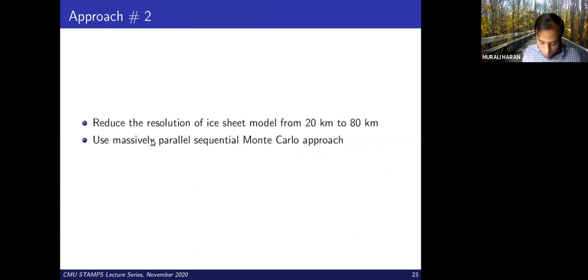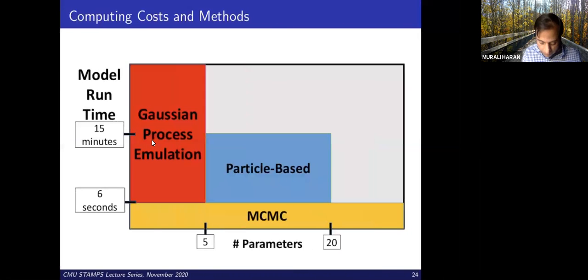So in this other approach, we reduce the resolution of the ice sheet model from 20 kilometers to 80 kilometers. So this allows us to run these things much more quickly. And then we use a sequential Monte Carlo approach that's amenable to parallelization, a massive parallelization.